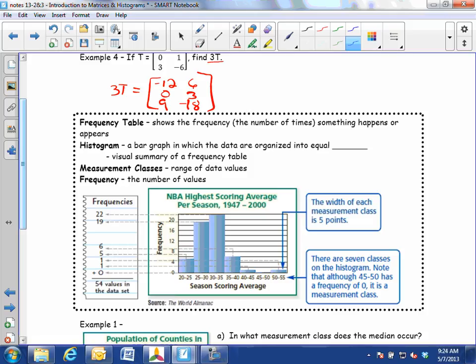So there are 6 girls and how many guys? 2. So I can make a frequency table of girls and boys. If I had a histogram, I'd put a 6 and then a 2. So basically a frequency table is like a histogram. A histogram is just a form of it.